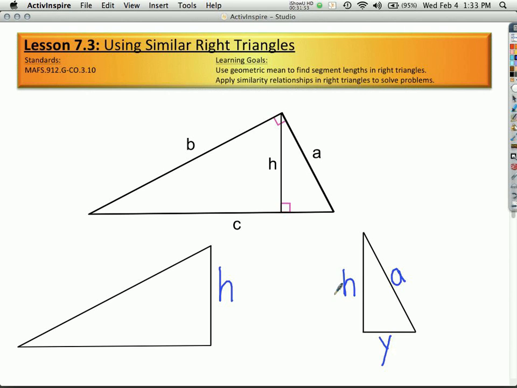And the H was which leg of this triangle? Yeah, it's the larger leg. And here it's the smaller leg. What is this going to be? Maria? That's going to be B. What was B in the original triangle? Davis? The hypotenuse.